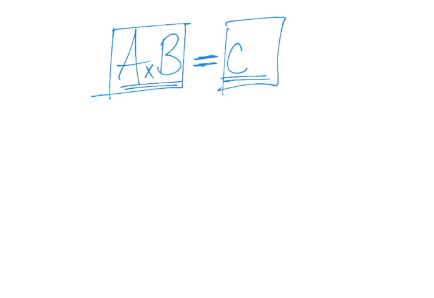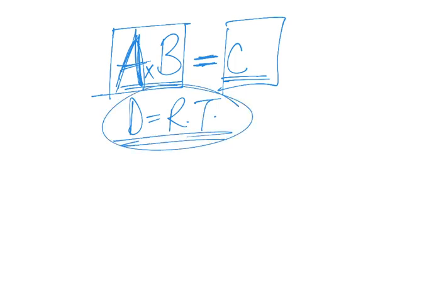So if you're going to solve an equation and you're looking for one of the variables, let's say you're looking for A, and we use the distance rate times time formula in our other example. If we're looking for a certain piece of an equation, we have to divide both sides by that which we do have.